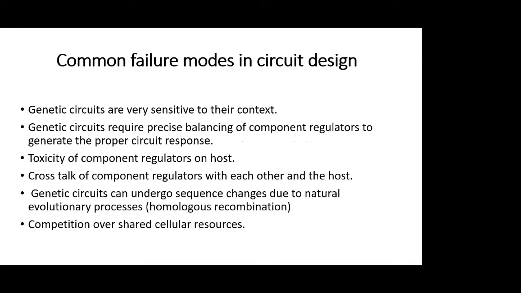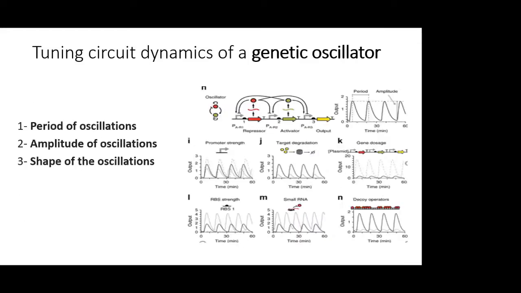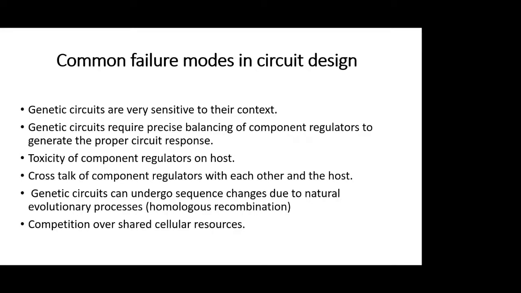And the other failure mode is the toxicity of the component regulators. The genetic circuits could be composed from regulators that are exogenous to the host. These regulators could have undesired interactions with some key proteins in the host.